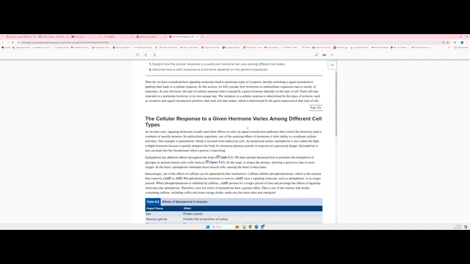Even for the same hormone, different cells will have different cellular responses.